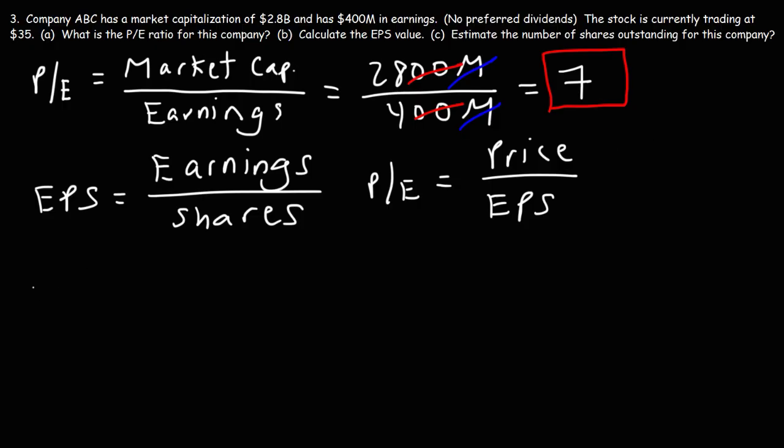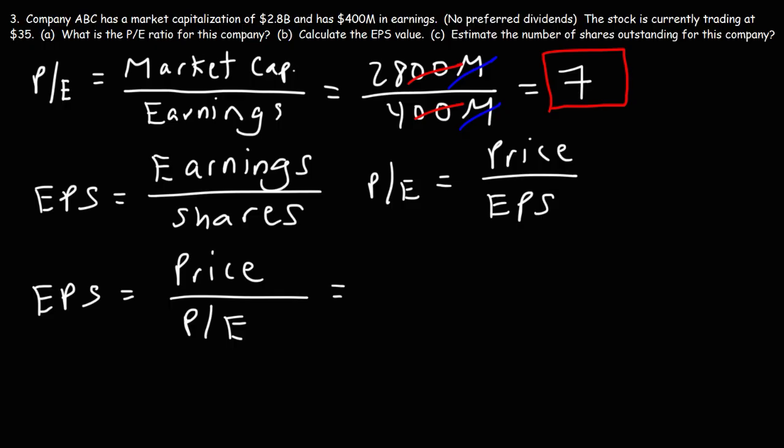And here is the rearranged formula. The earnings per share is going to be the price per share divided by the price to earnings ratio. So the price per share is $35.